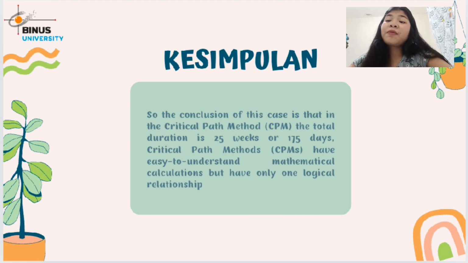As for the advantages of the CPM method, the first is that it can help plan activities, especially on large projects, and the second is that CPM has a simple calculation, so it will not complicate the planners and is direct to the planner's concept.